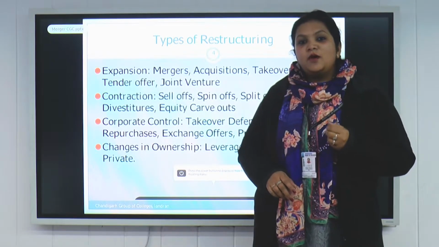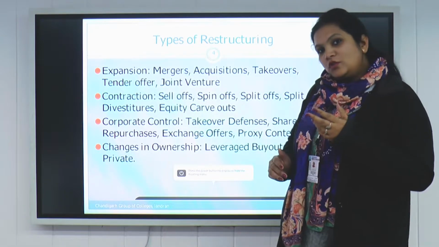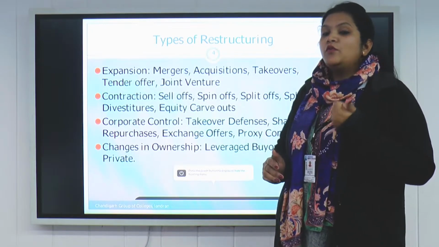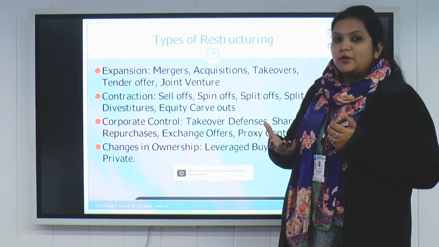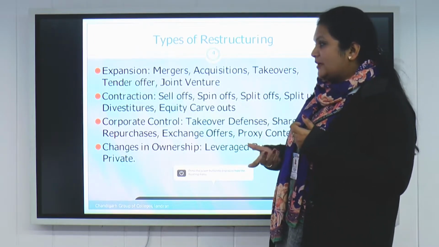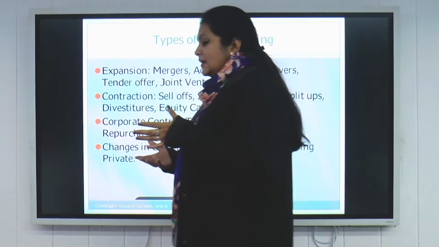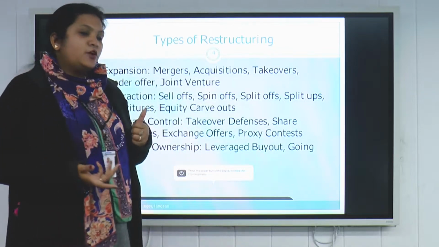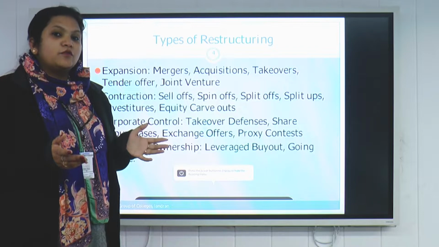When we talk about the types of restructuring, these are the four major reasons why you go for corporate restructuring. The first one is expansion. You want to expand the company, expand your portfolio, expand the entire diversification of your company.